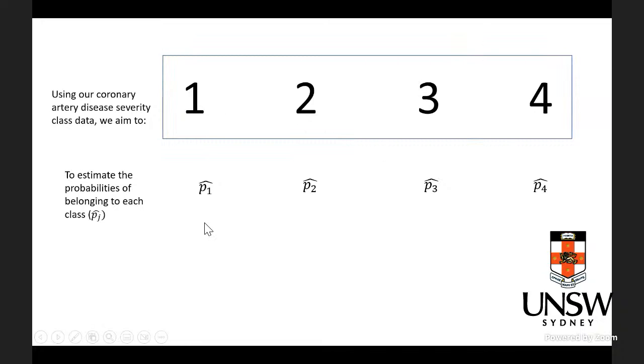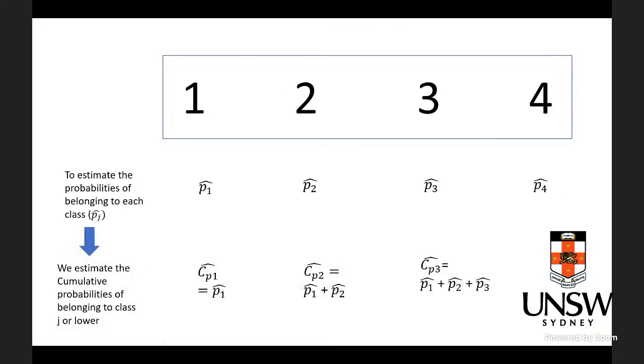We're going to estimate these probabilities P1 hat, P2 hat, P3 hat, P4 hat. I know this looks scary, but I'm going to really try and talk through it by estimating the cumulative probabilities of belonging to class J or lower.